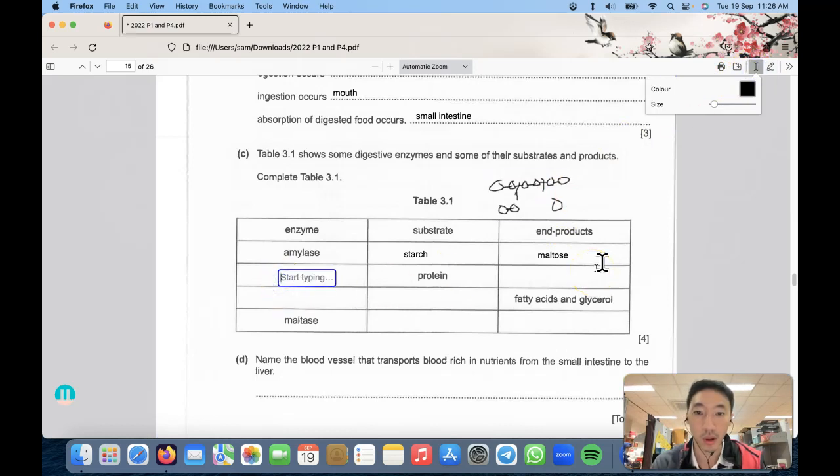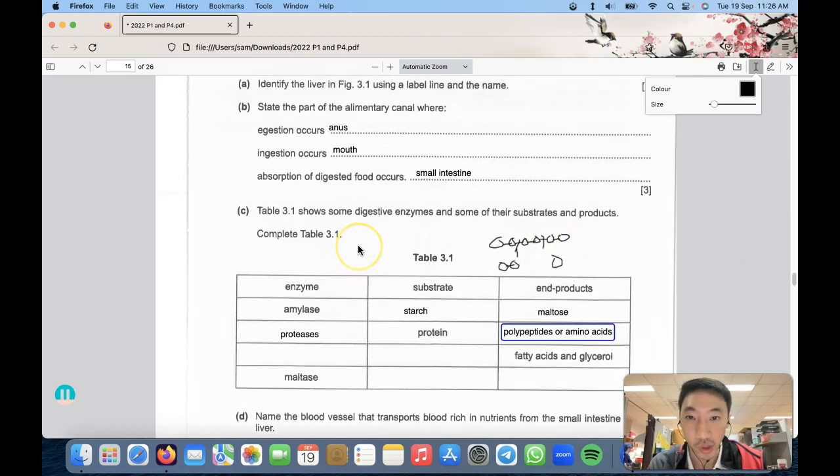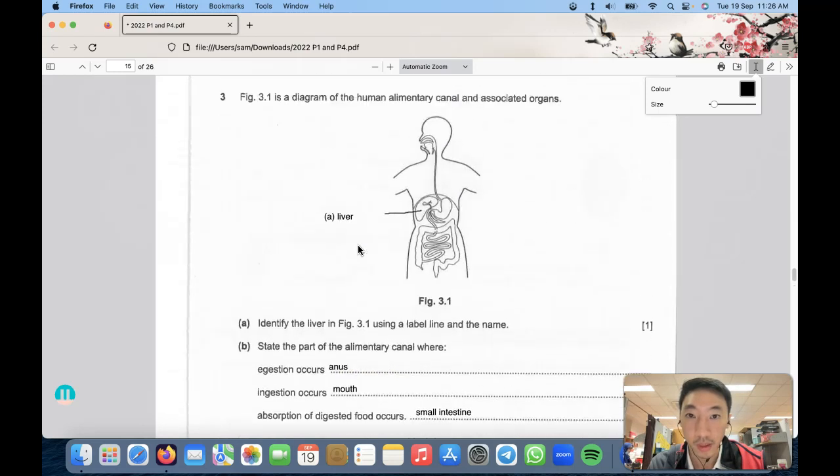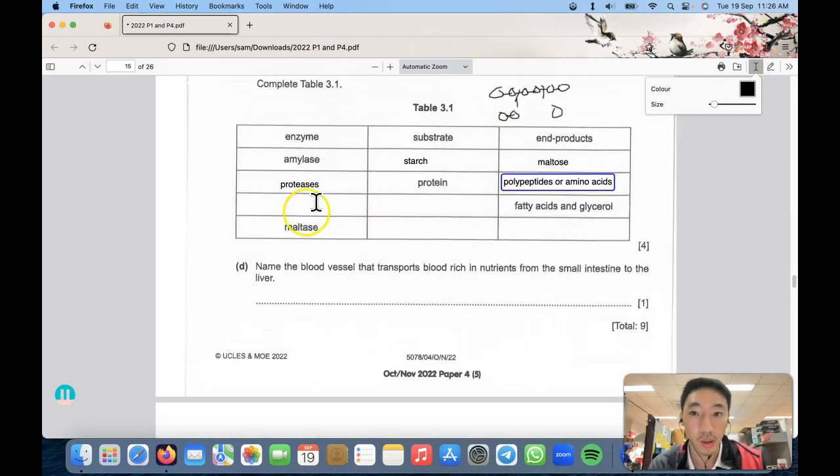What enzyme works on protein will be our proteases. The end products could either be polypeptides in the stomach or amino acids. Okay, let's just make sure that I'm not misleading. Yeah, that's correct. Then what is the end product of fatty acid and glycerol? This will be lipids.